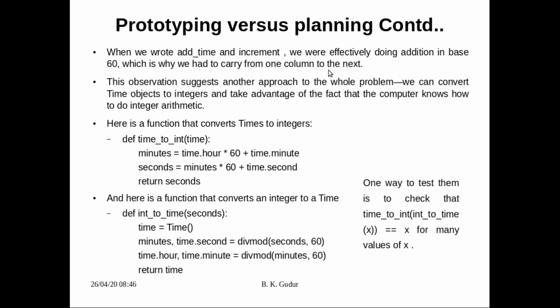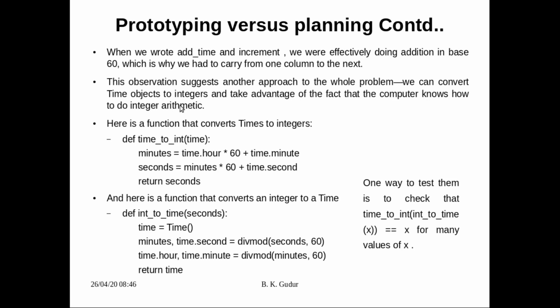When we wrote the improved version of add and increment, we carried after every 60: we carried 1 to the minute and later to the hour. This observation suggests another approach to the whole problem. We can convert the time objects to integers and take advantage of the fact that the computer knows how to do integer arithmetic.